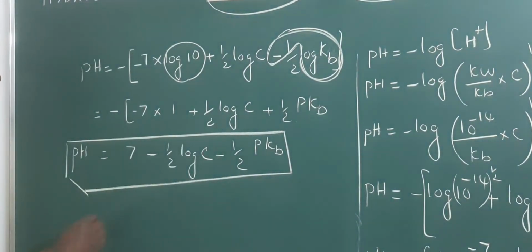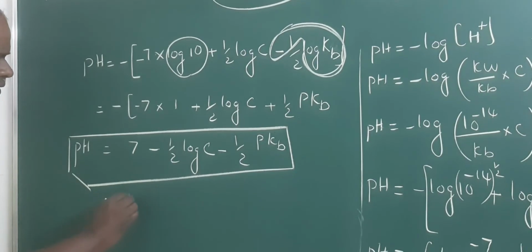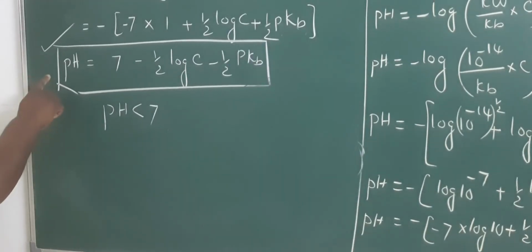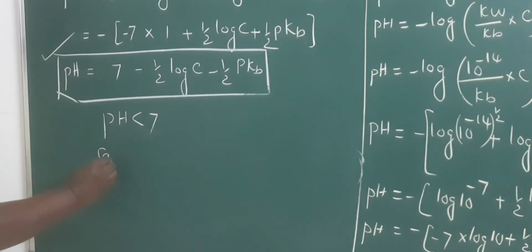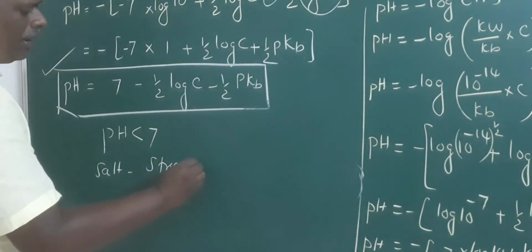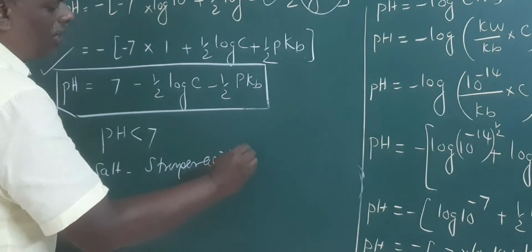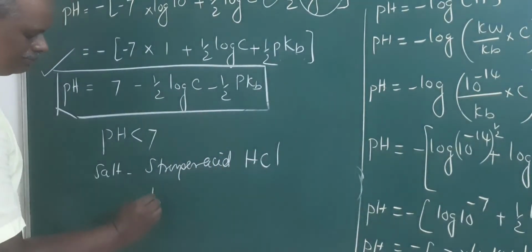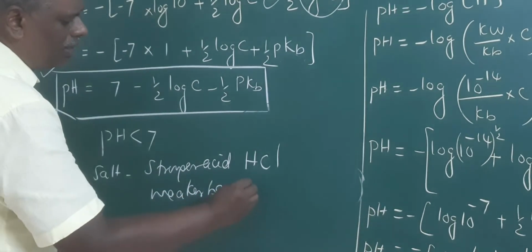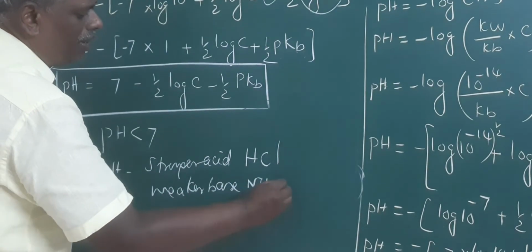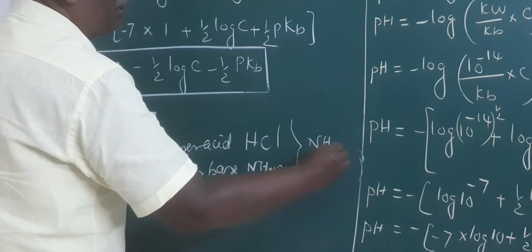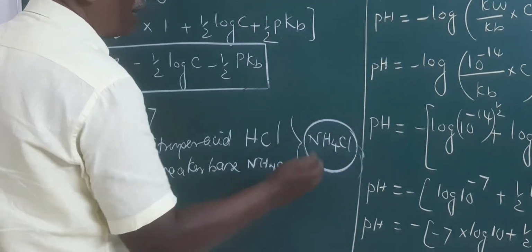We are obtaining this, and it shows that the pH of the solution is less than 7. It is a proof for that. The salt obtained from a stronger acid like hydrochloric acid and a weaker base like ammonium hydroxide is nothing but ammonium chloride.